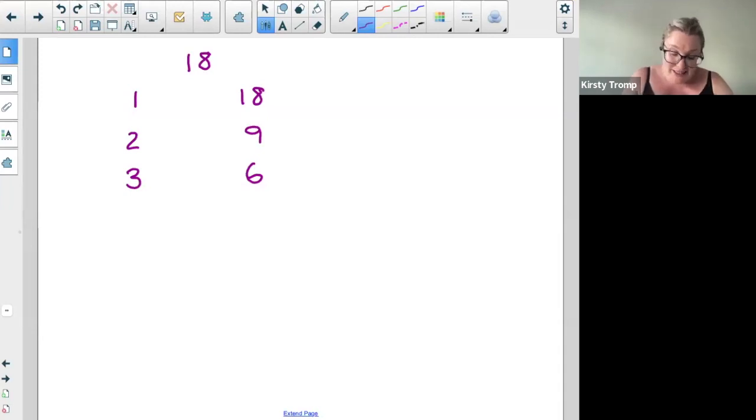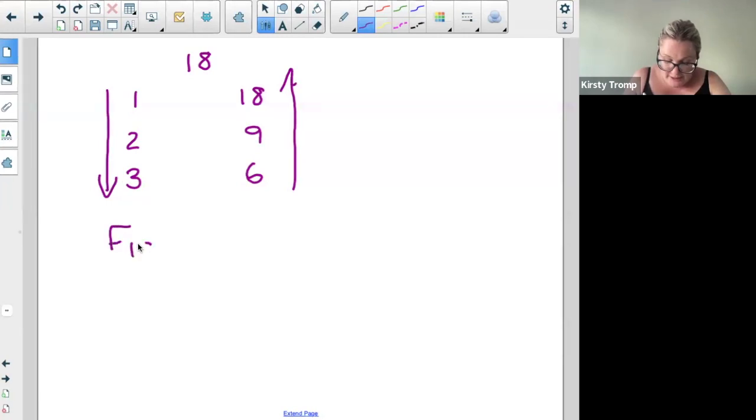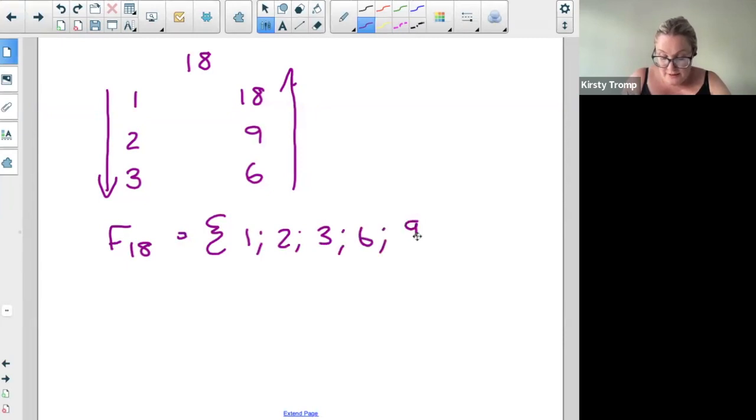We're going down this way and we go up this way. So the factors of 18 are 1, 2, 3, 6, 9, and 18.